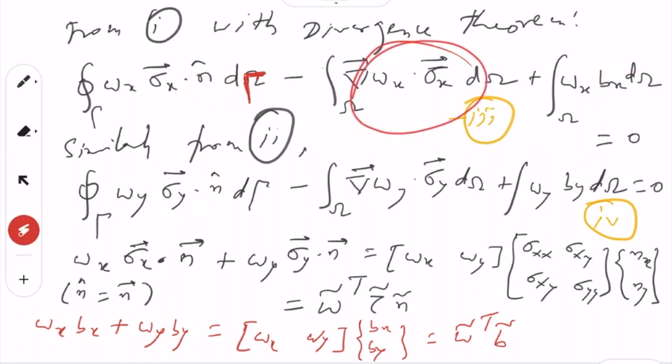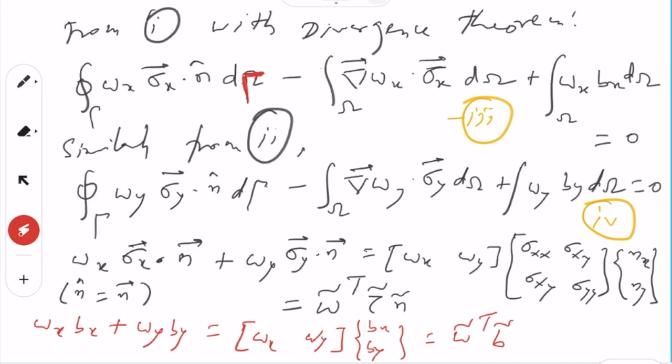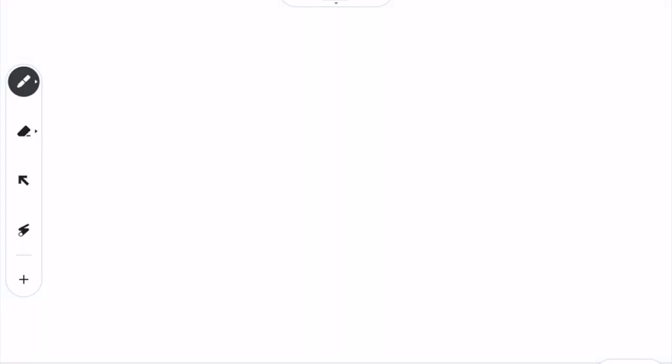Now the only thing left is, if we add this and this, then what happens? This is gradient of wx dot sigma x plus gradient of wy dot sigma y. What does that mean? Let's expand it and see.